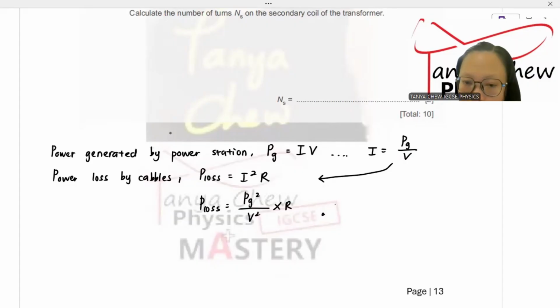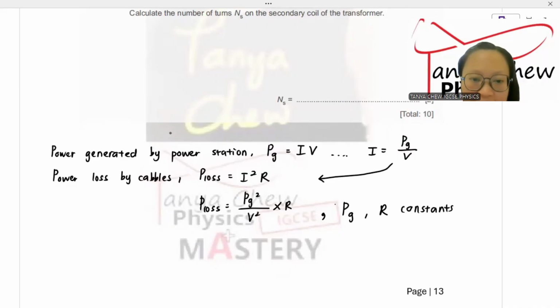Remember what I told you just now? Power generated by the power station is constant, and the wire cables, because we normally use copper wire cables, copper itself is a good conductor. It has good conductivity, less resistance. So the resistance of the copper wires would basically be the same, constant.